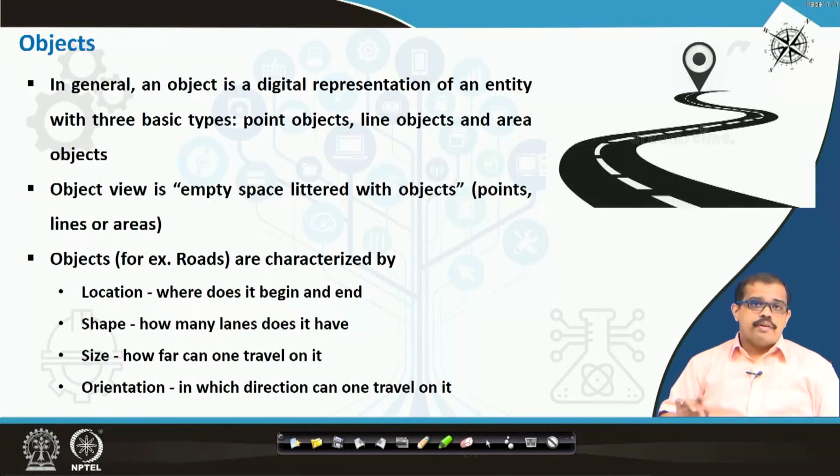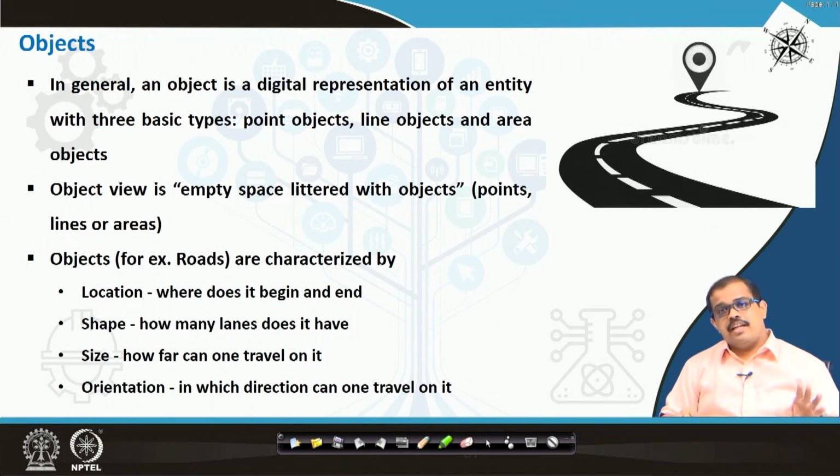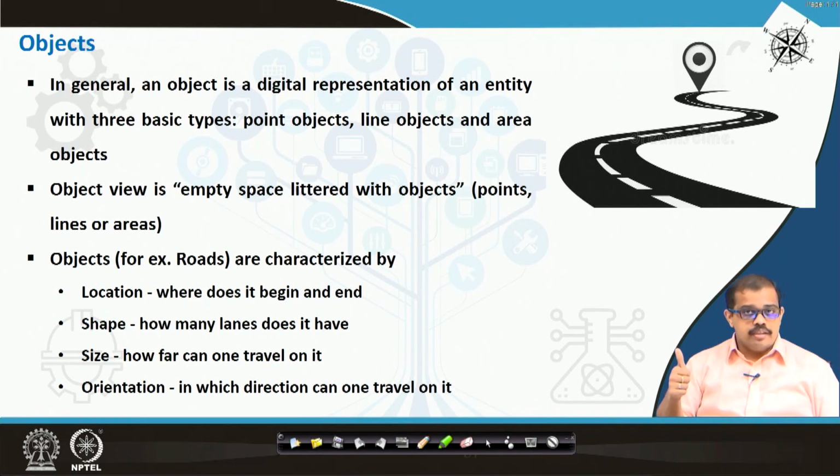When we are looking at this, an object is a digital representation of an entity. You can call an object an entity, but in a digital representation it becomes an object, while in a real representation it becomes an entity. An object can be defined in three different ways: point objects, line objects and area objects.